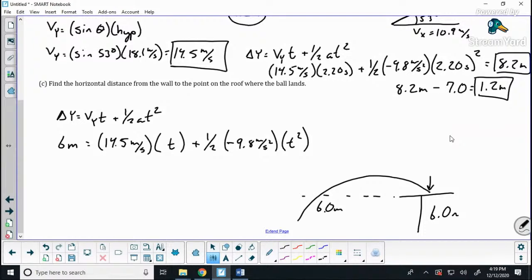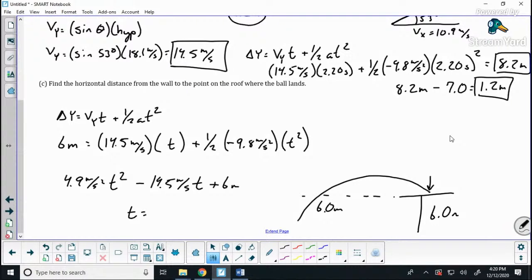When you do this, you might recognize that this is going to end up as a quadratic equation. When I rearrange things, I'm going to end up with 4.9 meters per second squared, all times t squared, minus 14.5 meters per second times t plus 6 meters. And if you plug that into the quadratic equation, you're going to get two values for time.